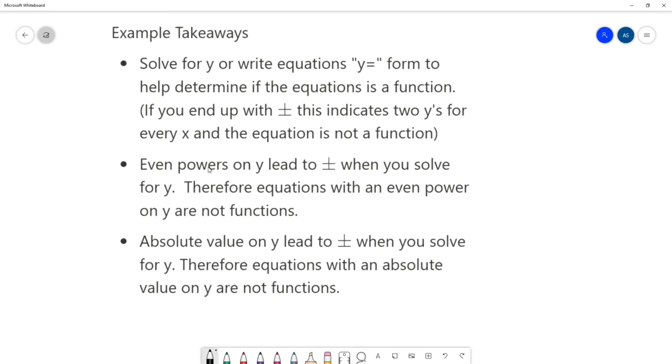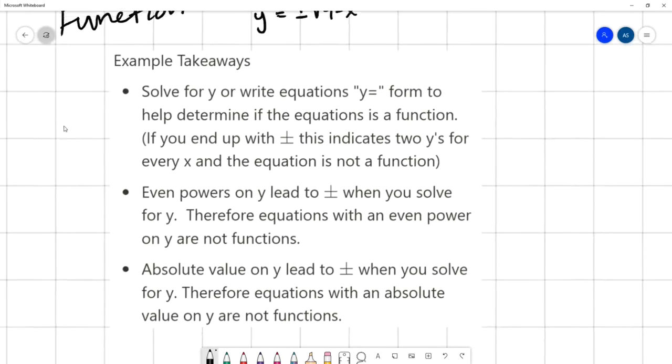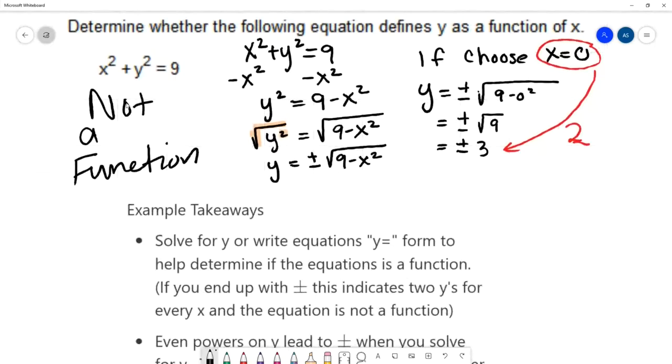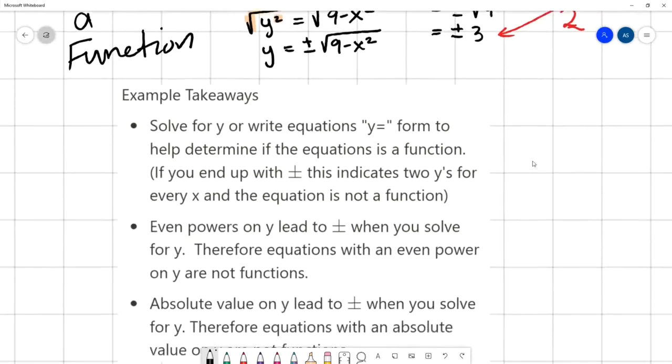When you have an even power on y, that's what leads to a plus or minus symbol. So you can see in our example that we had a square on the y, and the square is what led to that plus or minus. That's what leads to having two y's for an x value.